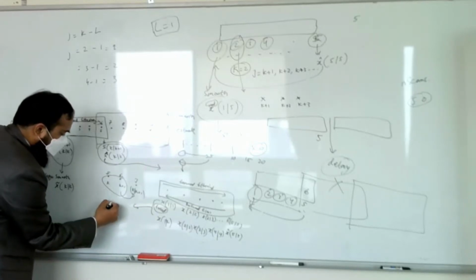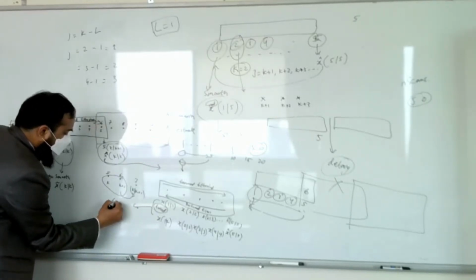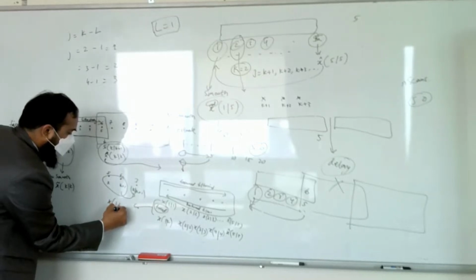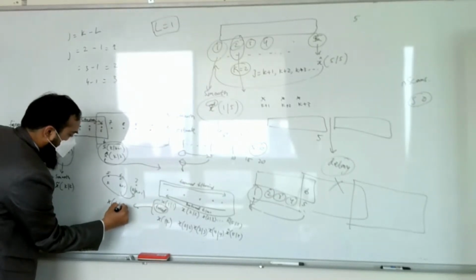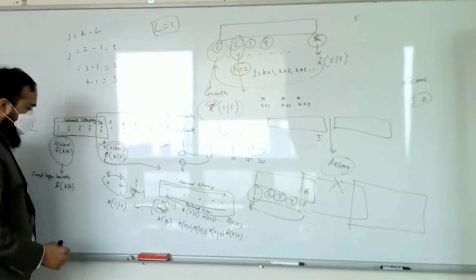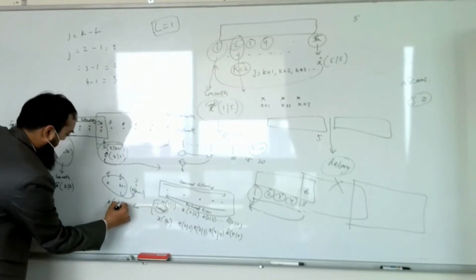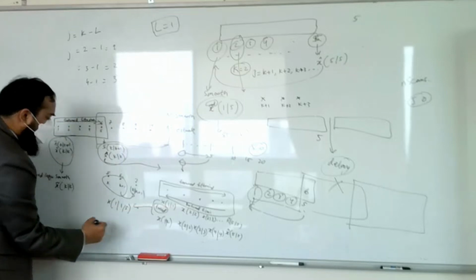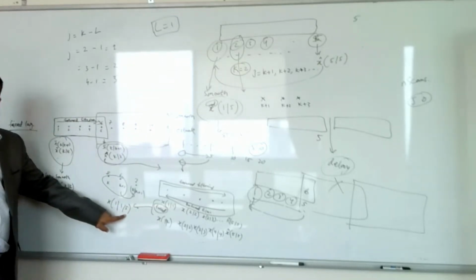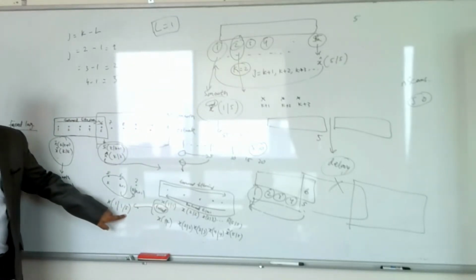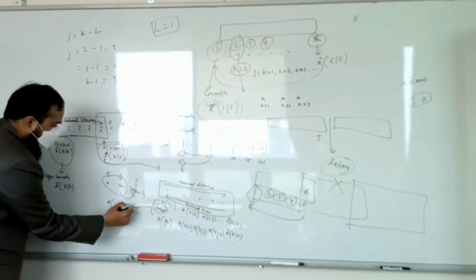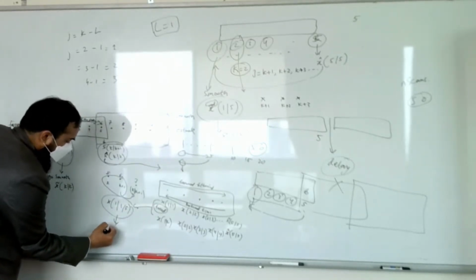Suppose this is the result of the fused prediction, and then it will smooth.